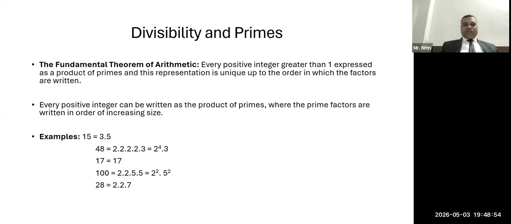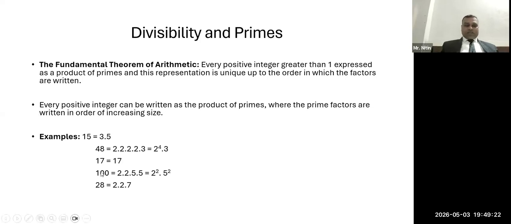So 25 into 4, 25 fours are 100, right? Again, these 2 and 5 are the factors of 100, and they should be written in increasing order. So 2 into 2 into 5 into 5, which is 2 raised to the power 2 and 5 raised to the power 2. So 2 square into 5 square.